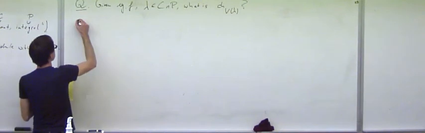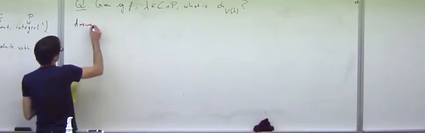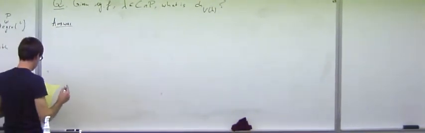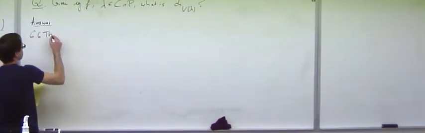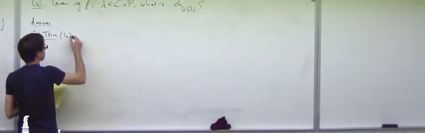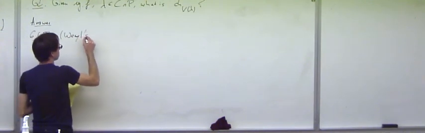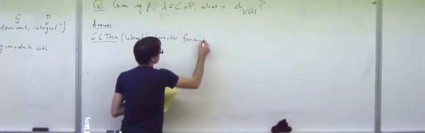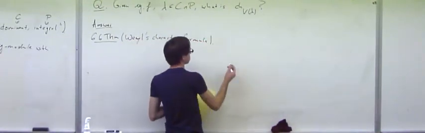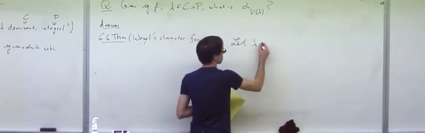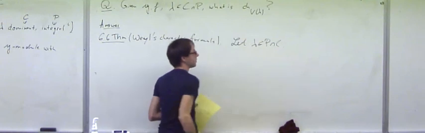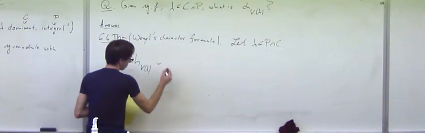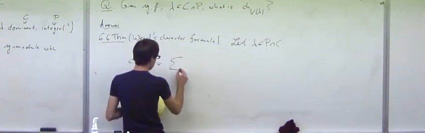And the answer is, well, there are several answers. But one answer, maybe the oldest one, by Hermann Weyl also. Let lambda be a dominant integral weight, and then the character of V_lambda is given by the following rational function.